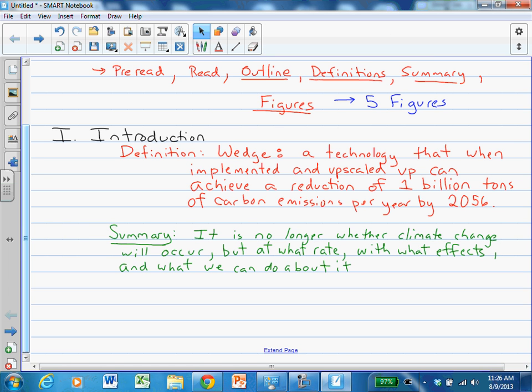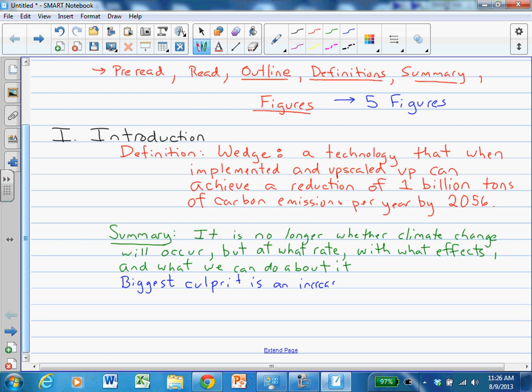I use different colors to help distinguish different facts. The biggest culprit is an increase in anthropogenic CO2, human-produced CO2.